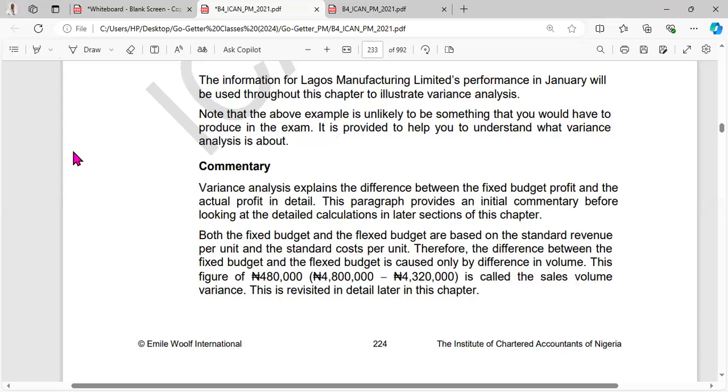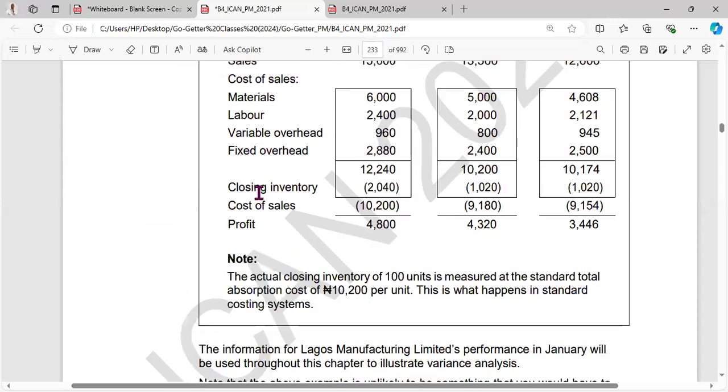Variance analysis explains the difference between the fixed budget profit and the actual profit. So when we are doing variance analysis, we are trying to find the difference between these two profits.